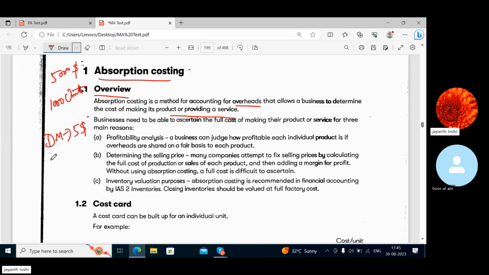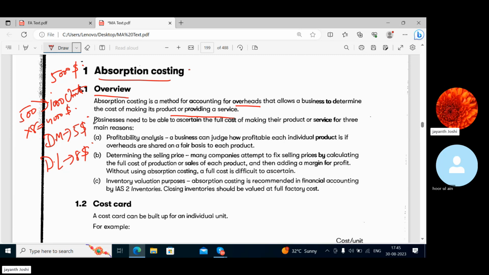Direct labor, that is the labor who is working in my factory, I'm paying wages of $8 to them. If my labor is working for 500 hours for making 1,000 units, I'll be paying a wage of $4,000 in totality.